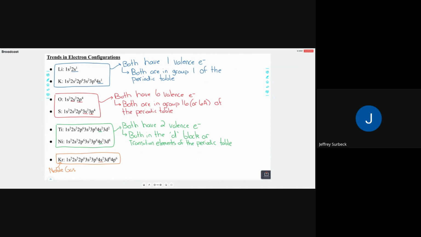Then I want to point out this. Valence electrons, the 4s has 2 of them, plus the 4p, which has 6 of them. Krypton, and any noble gas for that matter, is going to have 8 valence electrons.